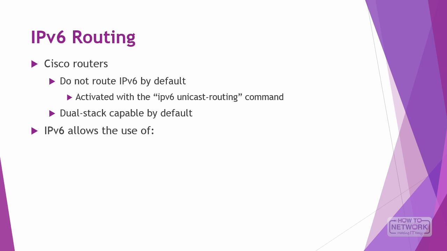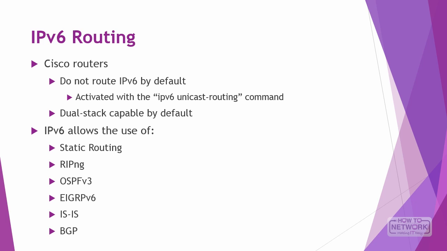IPv6 allows the use of static routing, and it supports specific dynamic routing protocols that are variations of the IPv4 routing protocols modified or redesigned to support IPv6, such as RIP Next Generation, OSPF version 3, and EIGRP version 6. We will talk about each of these routing protocols individually.